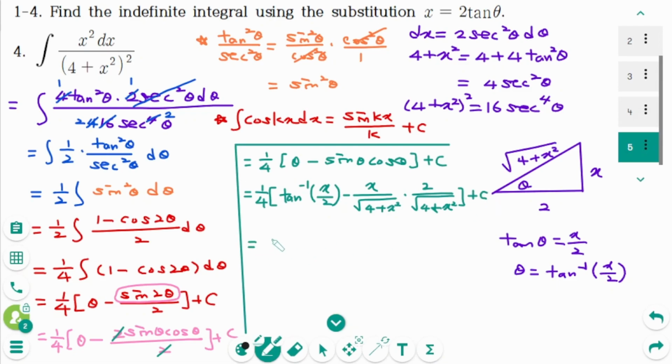Then the final answer is 1 over 4 arctangent of x over 2 minus 2x over 4 plus x squared plus c.